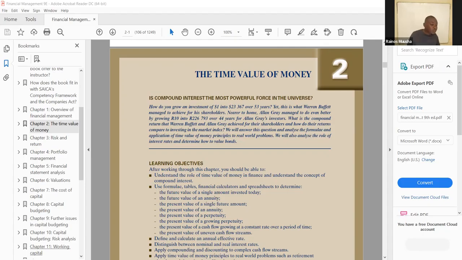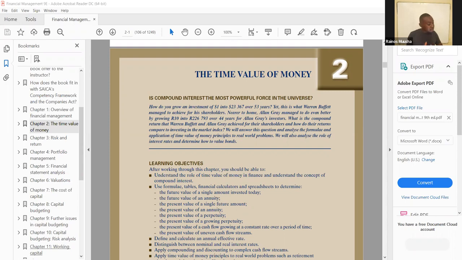But the reason why we still need to go through this material is because we know that it's not everyone who still remembers things that they've done at undergrad. Because normally students, when they graduate, they seem to erase a lot of the things that they've learned.